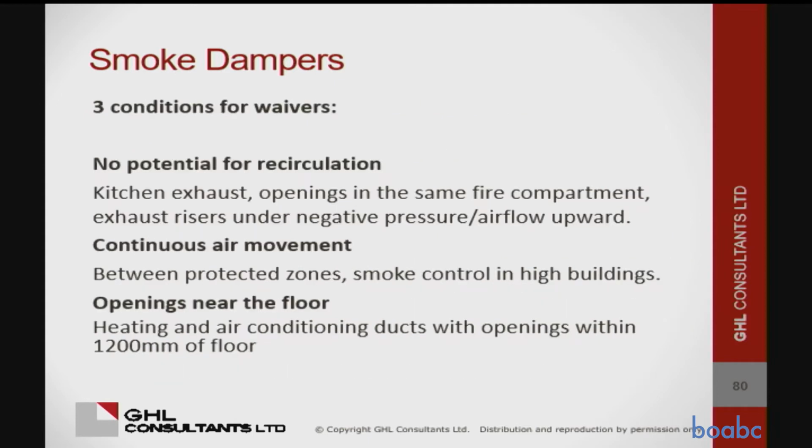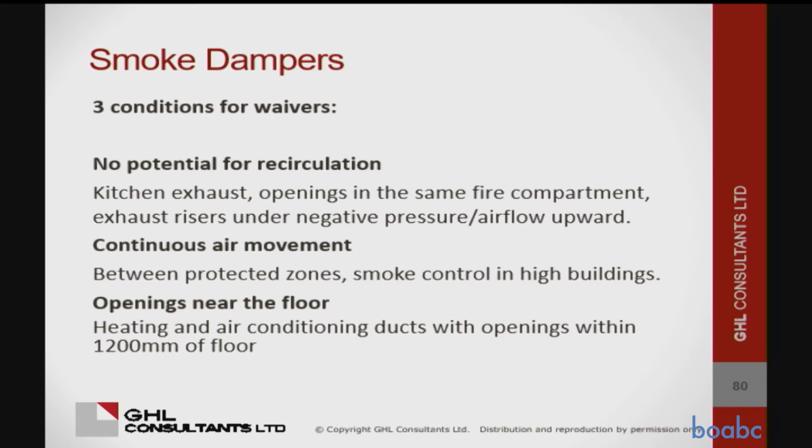So I thought about these things for a couple of weeks, and they basically fall into 3 categories, I think, where there's no potential for smoke to get into that duct and then be moved somewhere else in the building. So kitchen exhaust, obviously, just pulls it up and outside.